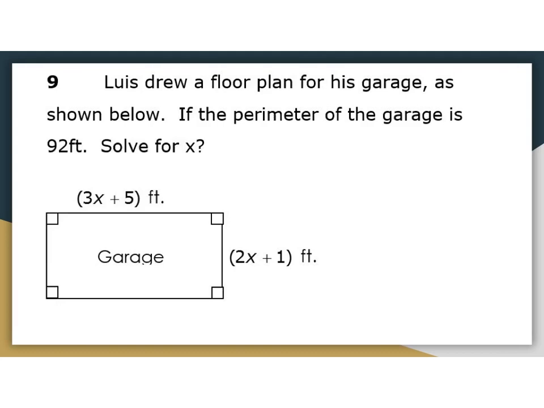So on question number 9, we're being told that Lewis drew a floor plan for his garage, which is shown below. If the perimeter of the garage is 92 feet, we're asked to solve for x. Couple things here. Perimeter means you're adding up all the sides.